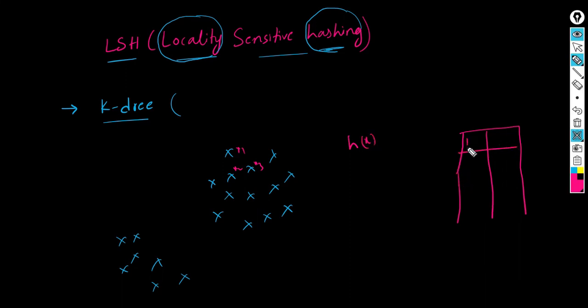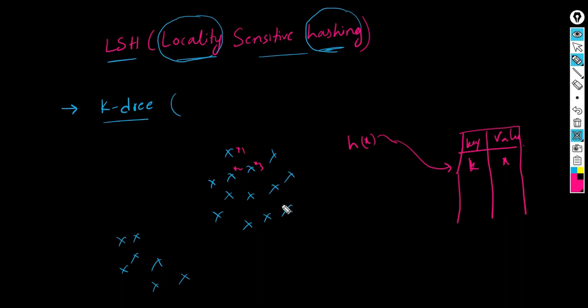A hash table contains a key and a value. We give a point to the hash function, we get a key, and with that key we store that value.